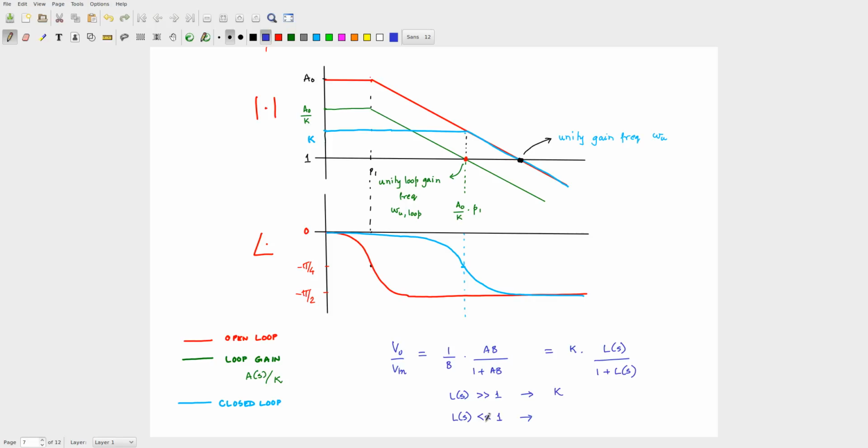When loop gain is less than 1, K L of S is nothing but what? A. K is 1 by B, L of S is AB, so K times L of S is A. So what does this tell you?